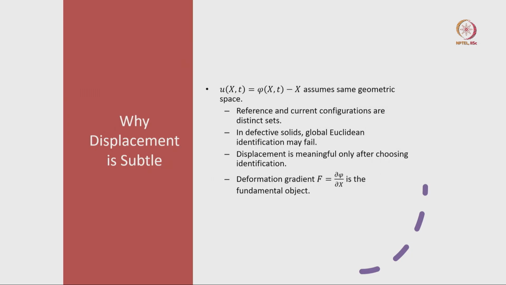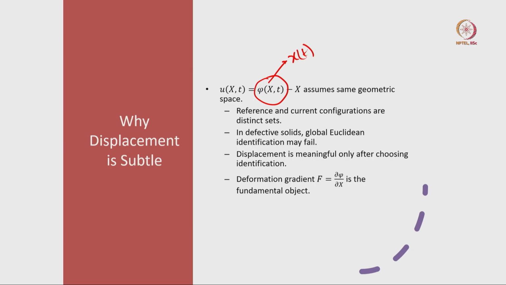Now also we often talk of displacement, right, but there is a problem in talking of displacement in a properly mathematical manner. We may define displacement of a point as if the point which was originally capital X goes to small x, and so the displacement is given by small x minus capital X, but we already know that small x is phi, so this is nothing but the coordinate in the deformed configuration, x(t), correct.